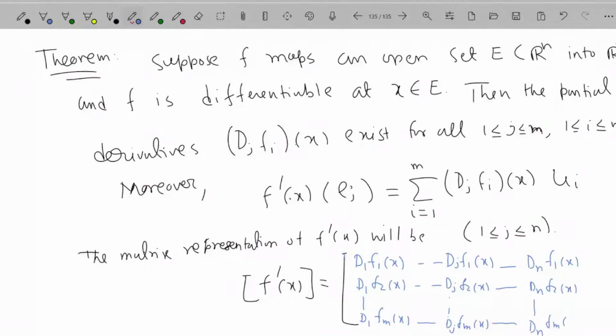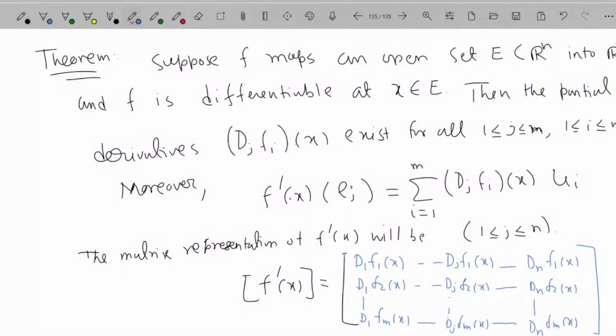So this is your matrix. If you take the determinant, if m and n are equal, then we have the Jacobian, basically. Correct? We define the Jacobian.